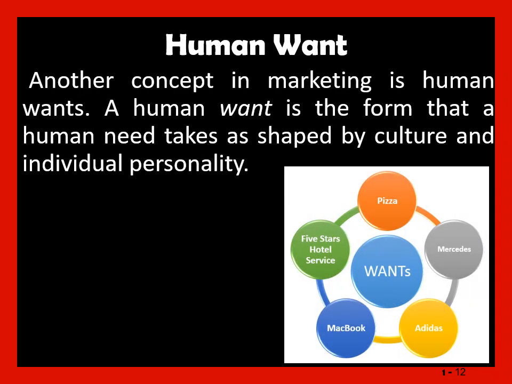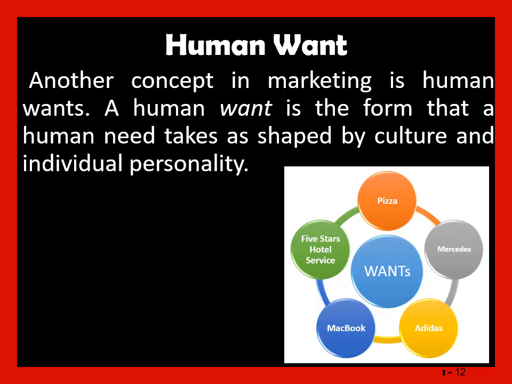Let's talk about human want in more detail. It is another concept in marketing, and a human want is the form that a human need takes as shaped by culture and individual personality. In the previous slide we also talked about the importance of culture and individual personality, which are related to human want.